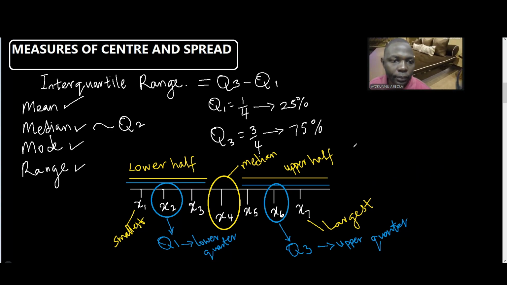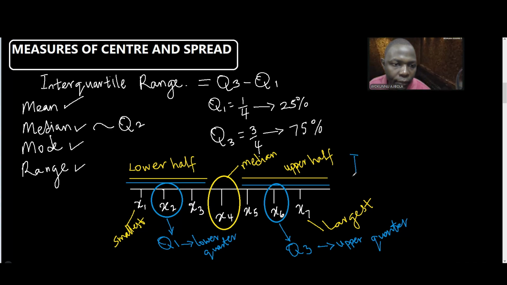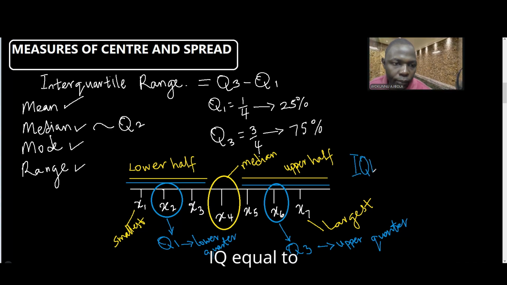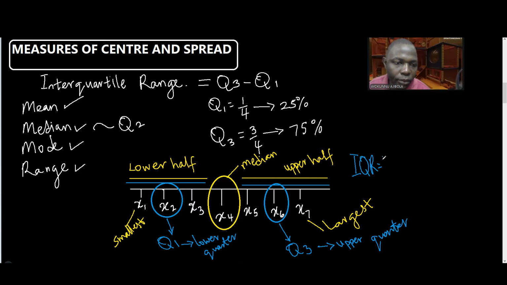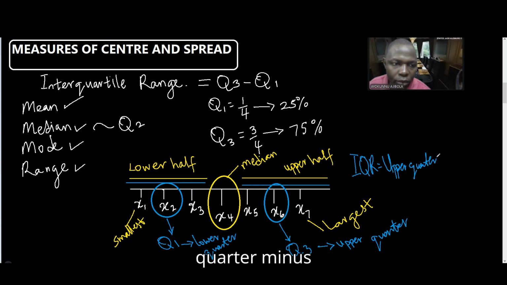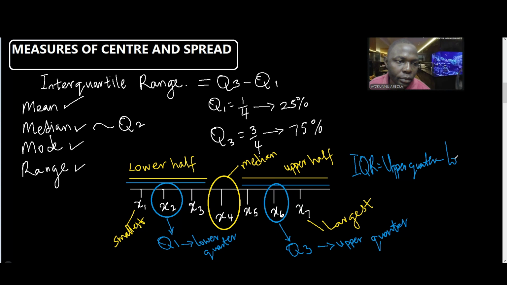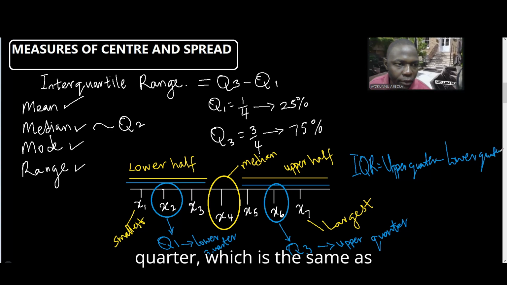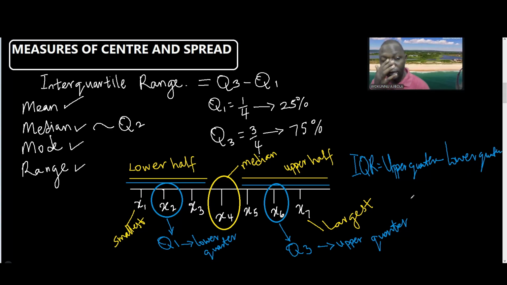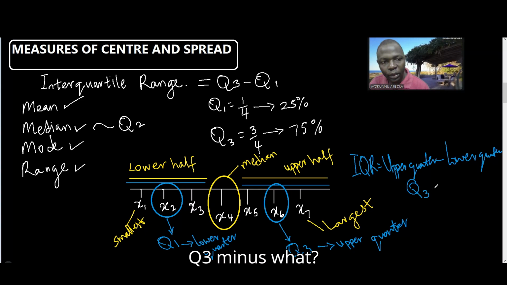So I can say IQR equals upper quarter minus lower quarter, which is the same as Q3 minus what?